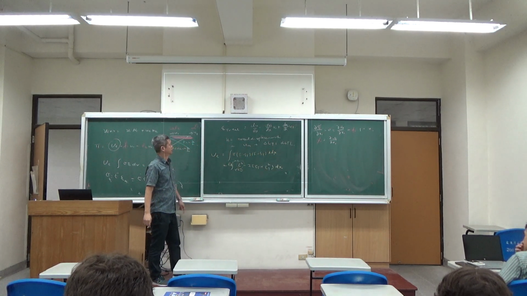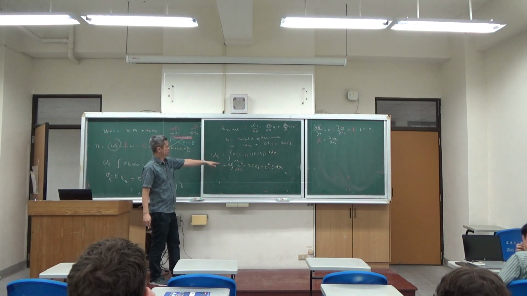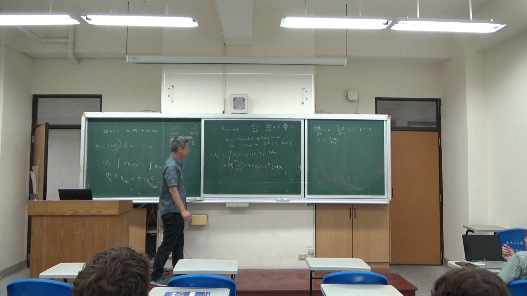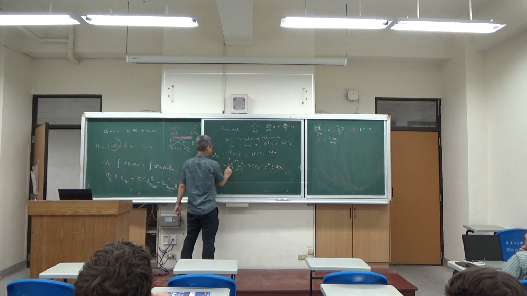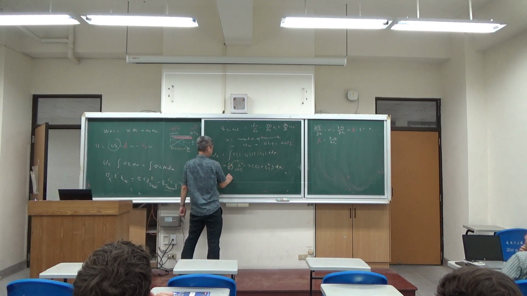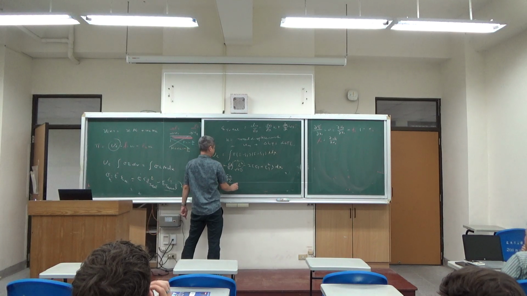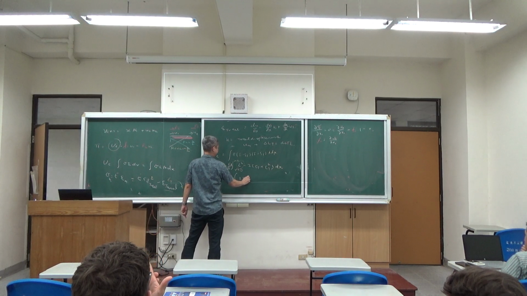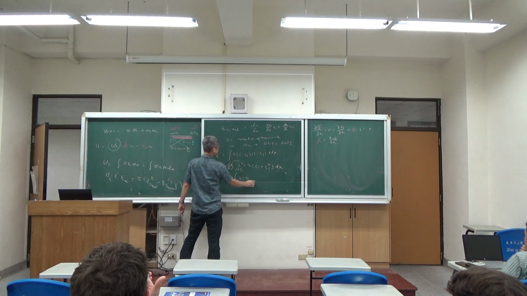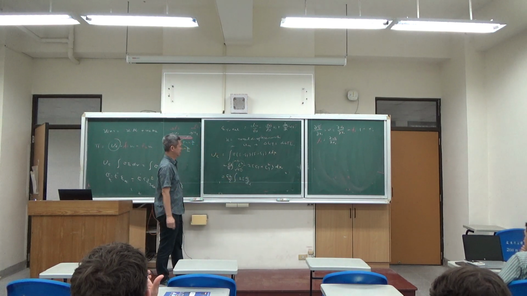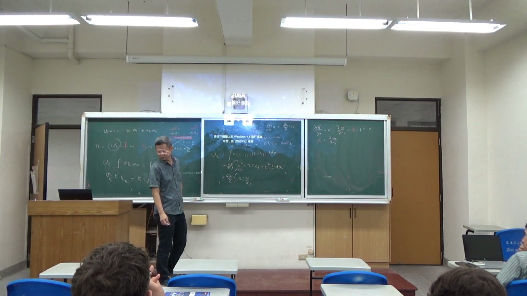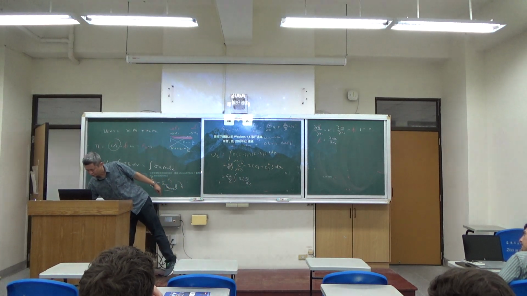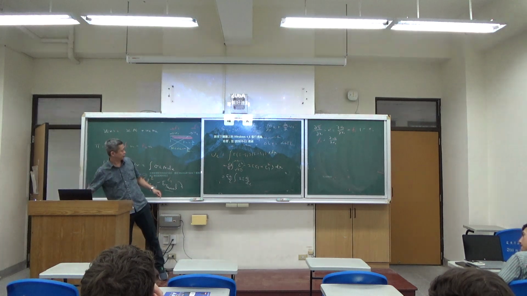If you now do the differentiation, this is EA divided by 2, and then 2 epsilon times the derivative of epsilon with respect to u. So this proved to be quite a troublesome one. Okay, let's see.